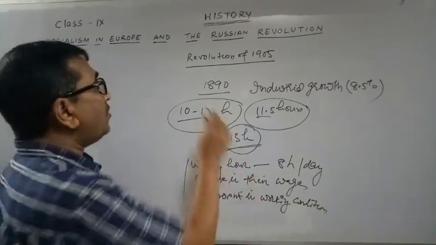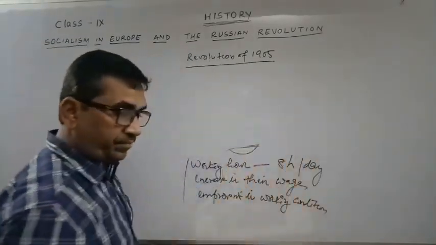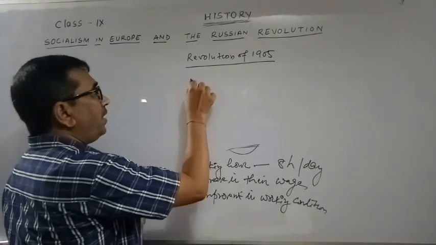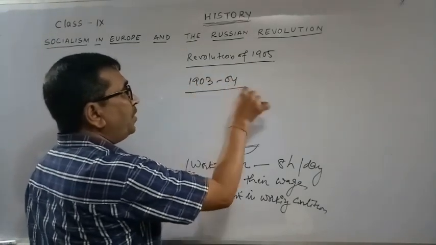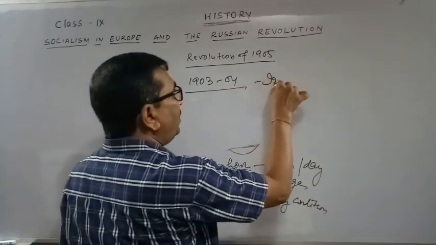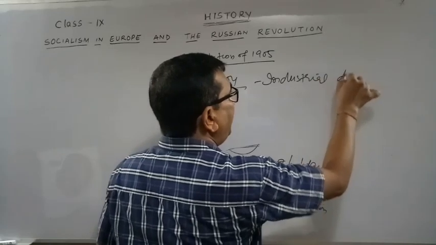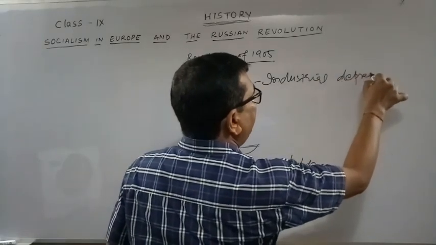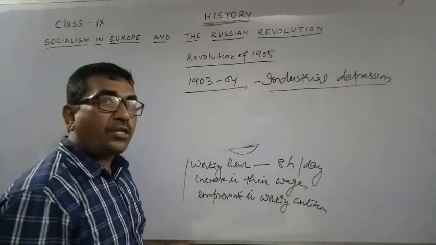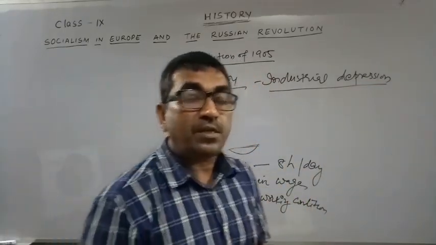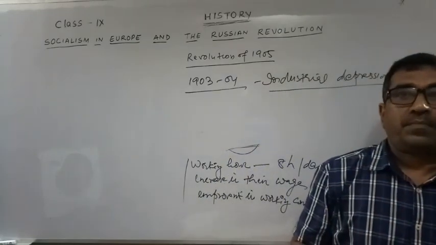In 1903 to 1904, there was an industrial depression in Russia, and due to the industrial depression, many firms became bankrupt.